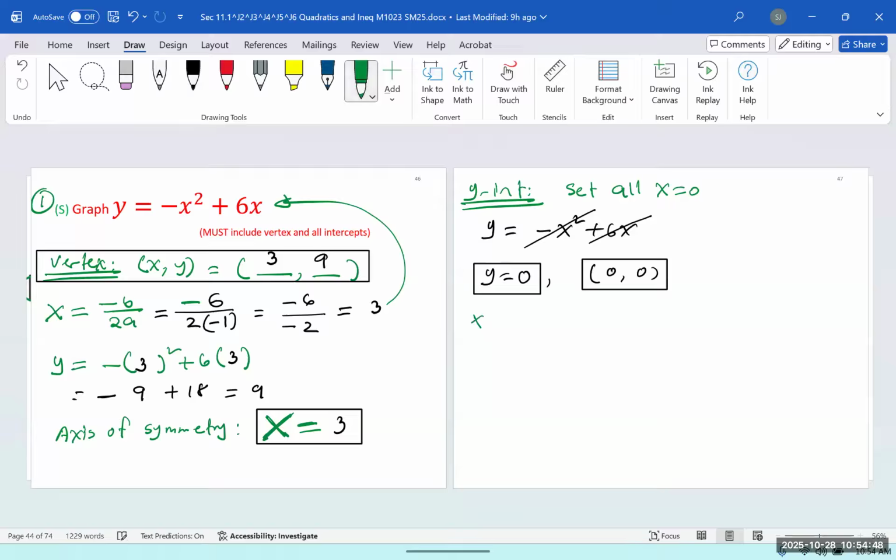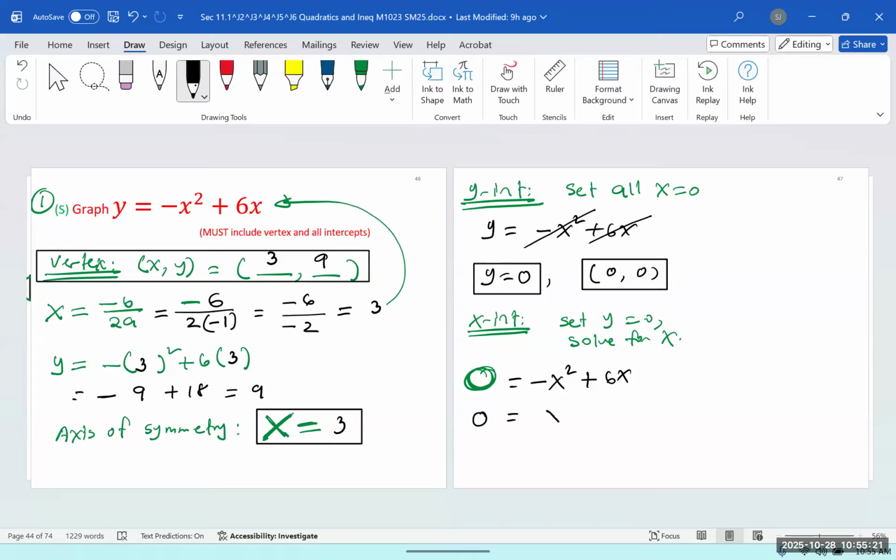Okay, next x-intercept. So we set y to 0 and we solve for x. So 0 equals negative x squared plus 6x. So Eliza, what do you see here? The common factor, x.